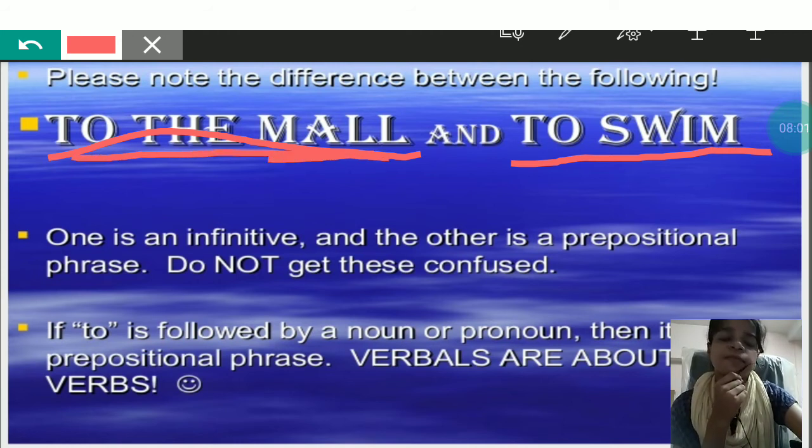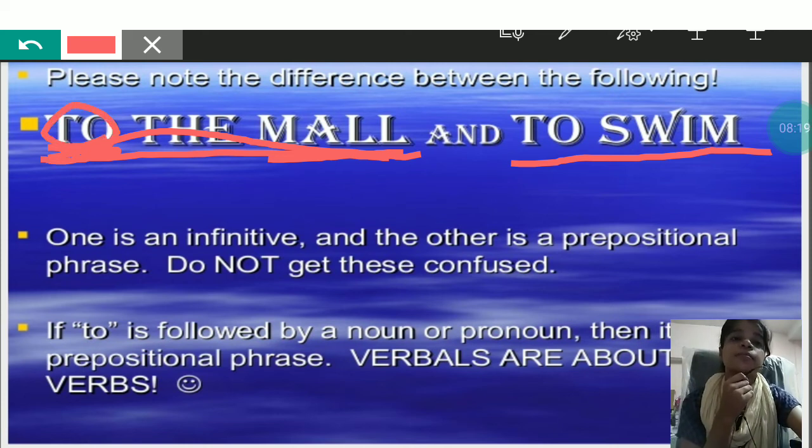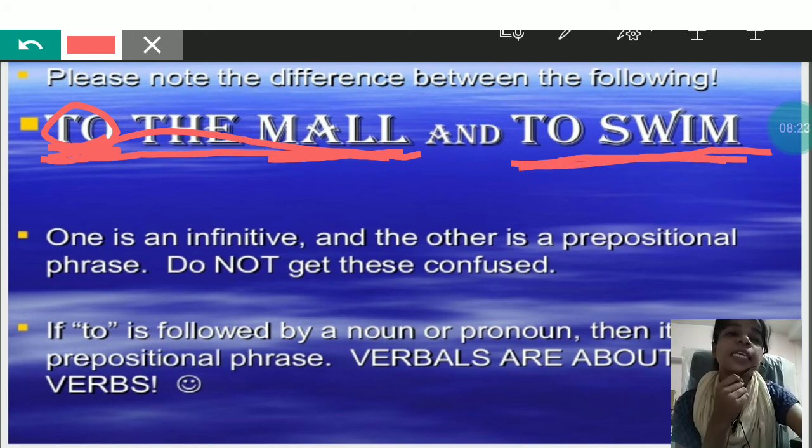Here, to is not doing the work of any infinitive. It is actually telling the position. It is doing the work of a preposition. But here, to swim. Swim is a verb. So this one is an infinitive. See, one is an infinitive and the other is a prepositional phrase.